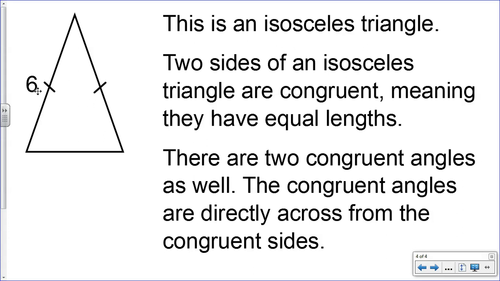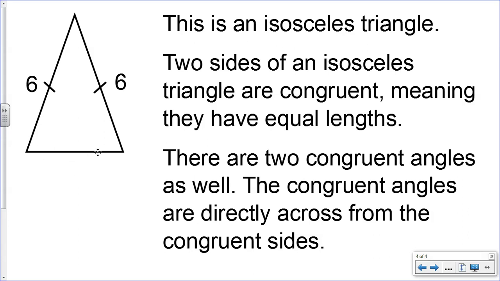So this side right here, where there's one congruency tick mark, is congruent to any other side of the triangle with the same number of tick marks. So this has 1 tick mark running through it. Therefore, these 2 sides are congruent. So this side over here is also 6. And I'm going to move that so it looks a little bit neater. Then down here, this side has no tick marks running through it.